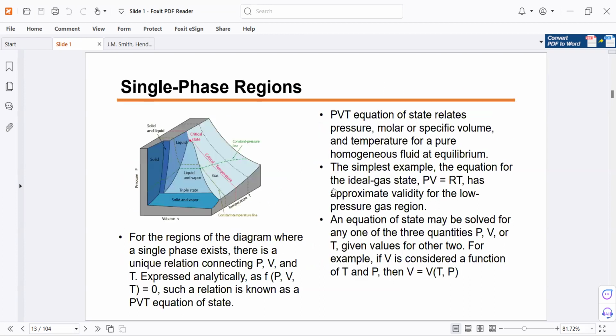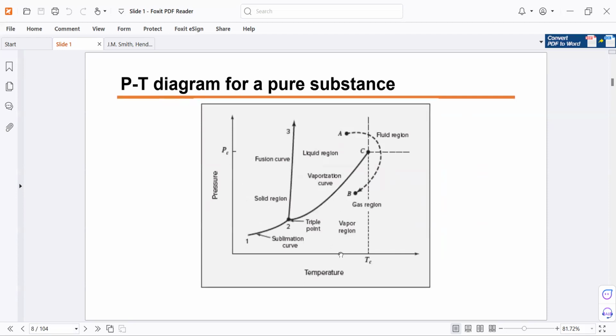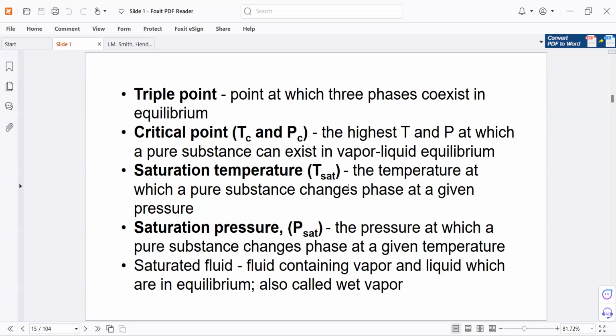Just like the saturation temperature, at a given temperature, whatever pressure lies on the two-phase line, the equilibrium between liquid and vapor, or the vaporization curve, would give you the saturation pressure. Next we have saturated fluid: fluid containing vapor and liquid, which are in equilibrium.